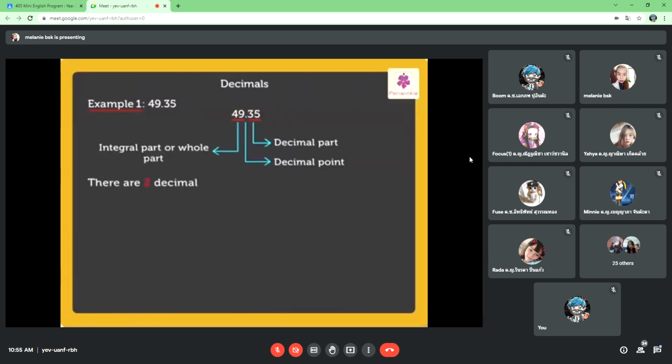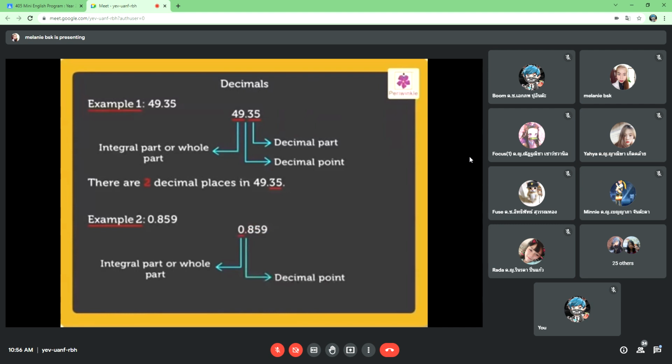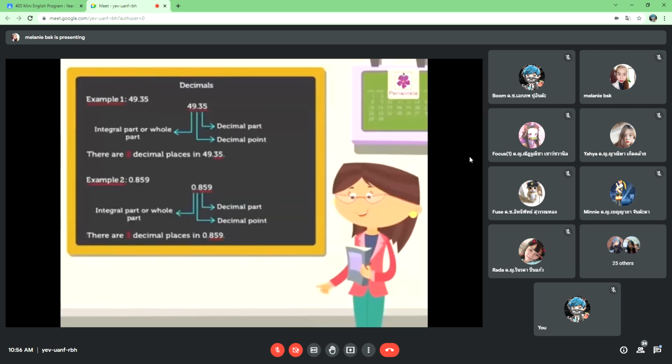Look, there are 2 decimal places in 40.859. 0 is the integral part. The dot in between 0 and 859 is the decimal point, and 859 is the decimal part. It is read as 0.859, and there are 3 decimal places in 0.859. Kids, wasn't it interesting to learn decimals?